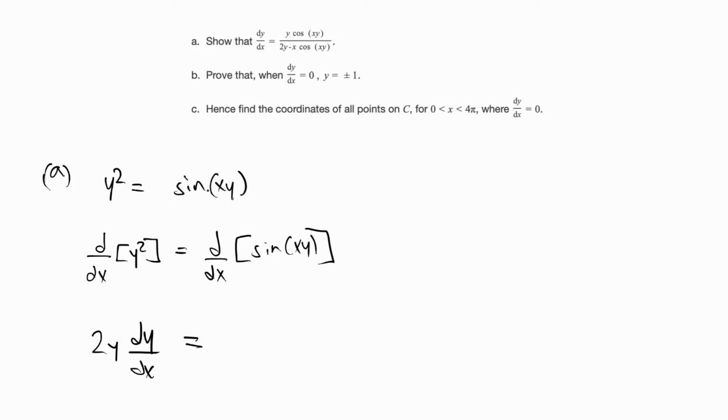When you differentiate trigonometric functions such as sine, first you differentiate the outside part, so sin(xy) becomes cos(xy), and then you follow it up with the chain rule, so you differentiate the thing on the inside, which is xy. In this case it's a product rule because there are two things multiplied with each other.